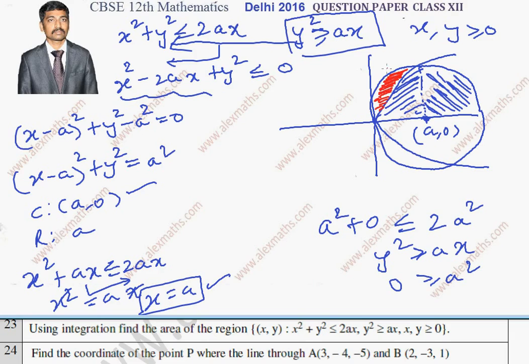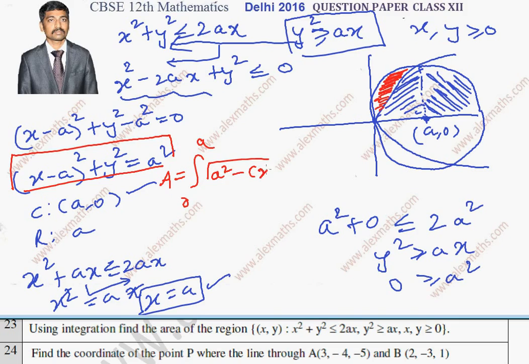For that I have to take top curve minus bottom curve. So I will write the expression here. Area equal to integral 0 to a. The top curve is what? Circle. I can take from here, which is root of a square minus x minus a whole square, minus the bottom curve.